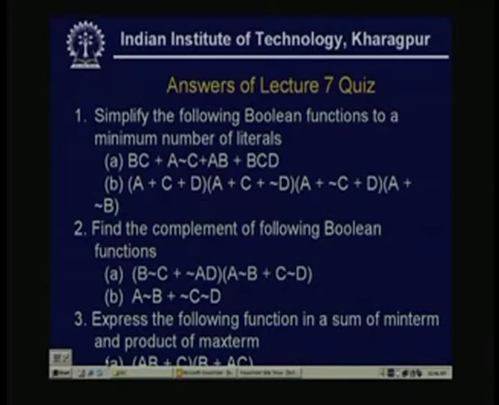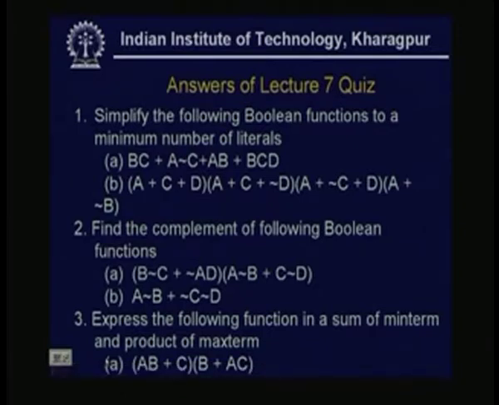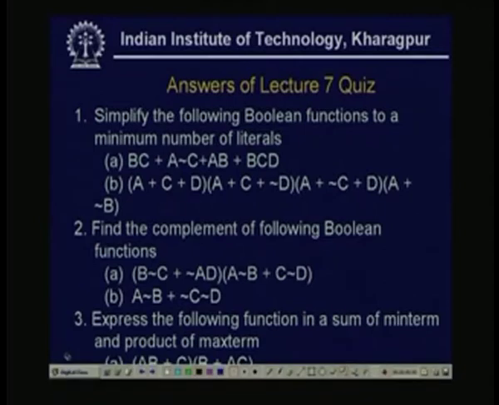Now, we see the second one, that 2b, A B bar plus C bar D bar. We see how we can take the complement.